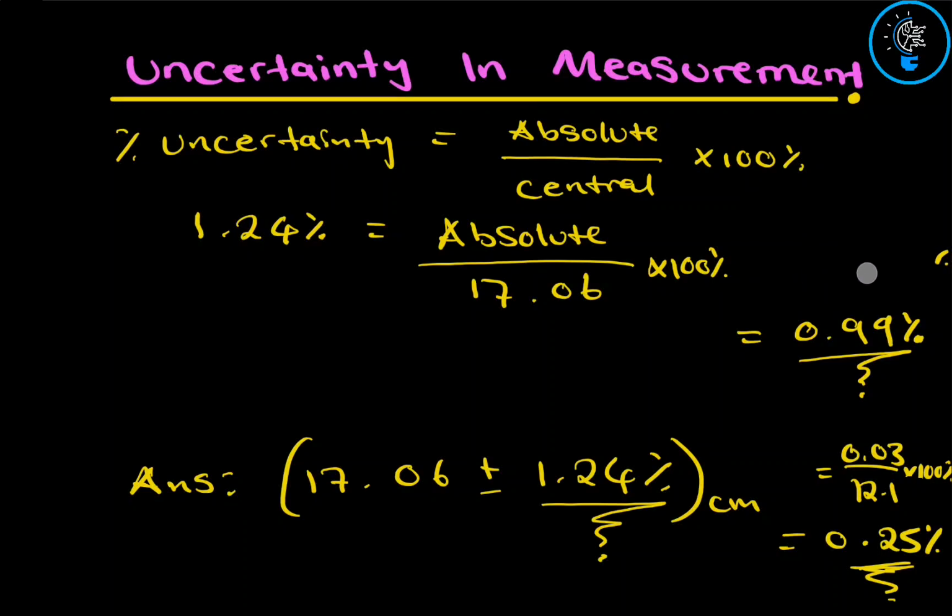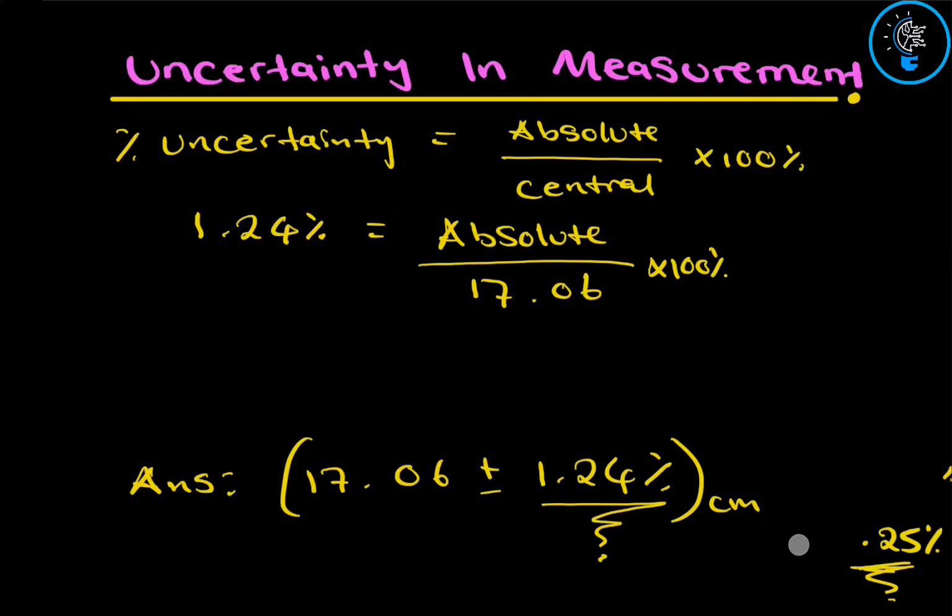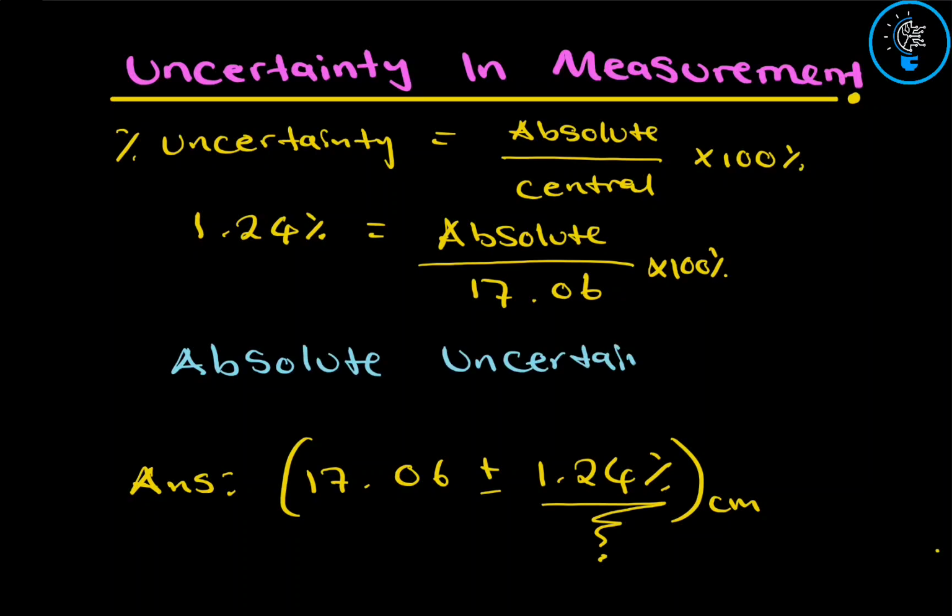So now these things are no longer necessary. They can disappear. So now, to find the absolute uncertainty, you can now just say 1.24% divided by 100% times 17.06.